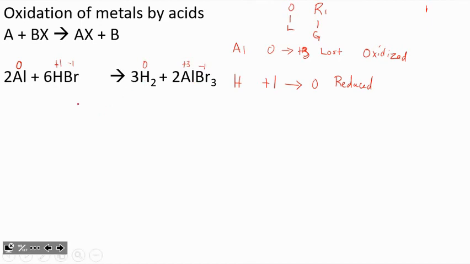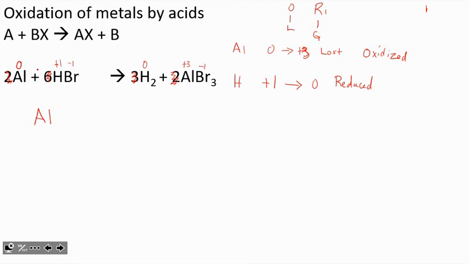So if we look at trying to write these equations out in terms of getting them, a lot of times when they give you these equations, they don't have coefficients in front of here. So we're going to kind of pretend that these coefficients aren't here, and then we can see what's going to happen in terms of our electrons. So if we break out our aluminum, so our aluminum is here.